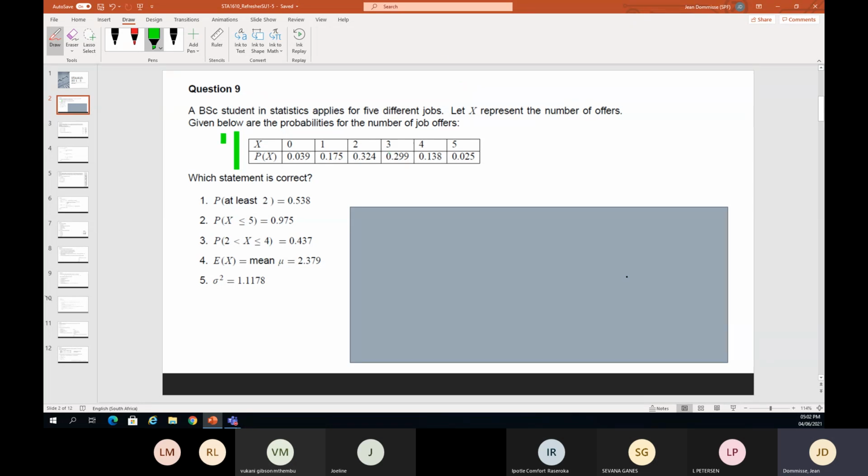Here we have 5 x's, and on each of them we have a probability. In this situation you can't get a probability for a value like 0.5 or 1.5. That is why this is discrete, because it is 0, 1, 2, 3, 4 or 5.